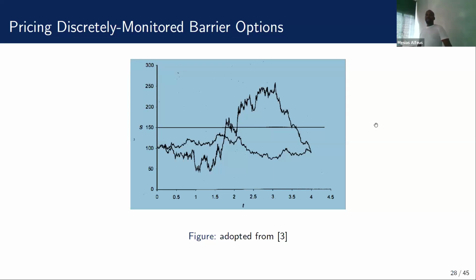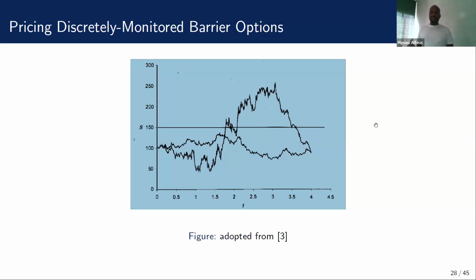You can put the barrier above or below the initial asset price. So this one is an up one. There's up-and-out, which means that if you hit the barrier, you get out, and the option will be worthless before you even go to maturity.